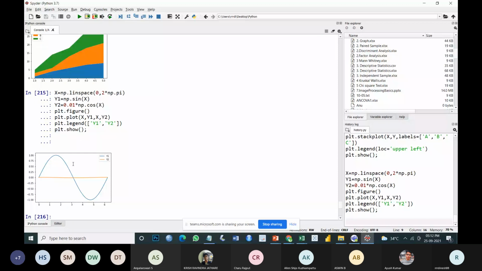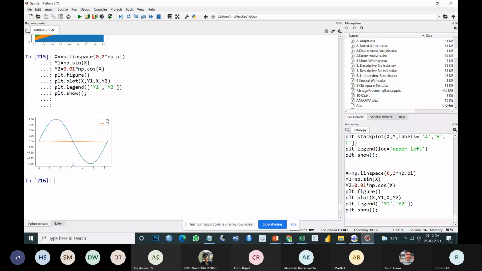So this is a simple line graph. We can add the dual axis to this figure. plt.figure.